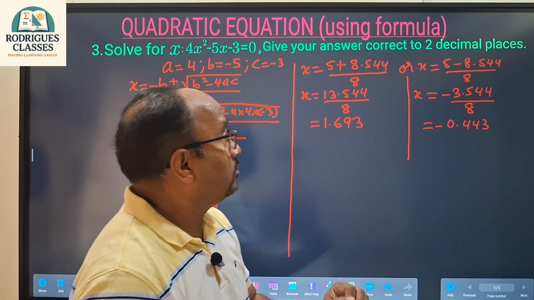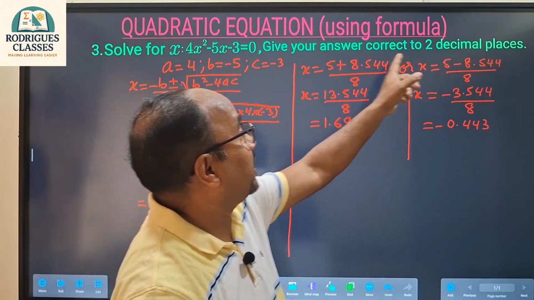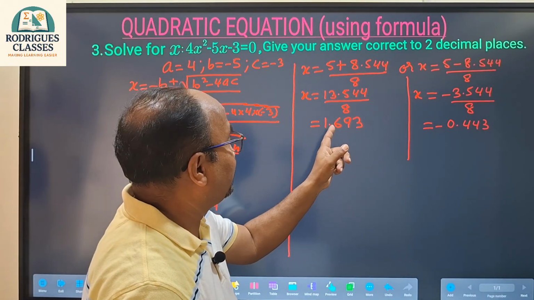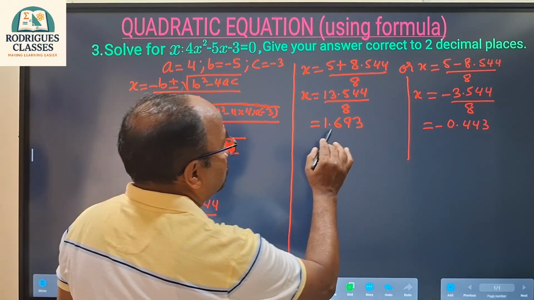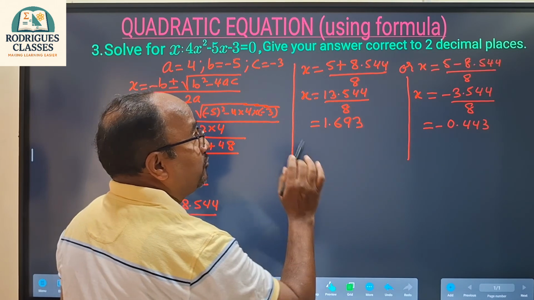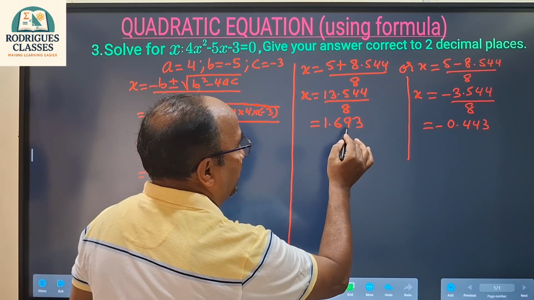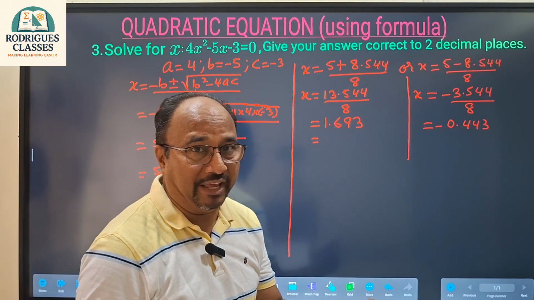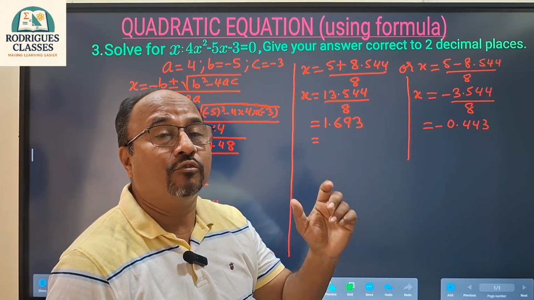Okay. Now the question asked was correct to 2 decimal places. Here we have 3 places after the decimal. So the third place is 3, and we need 2 places. So we have to correctly write up to this, because at the third place it is less than 5.